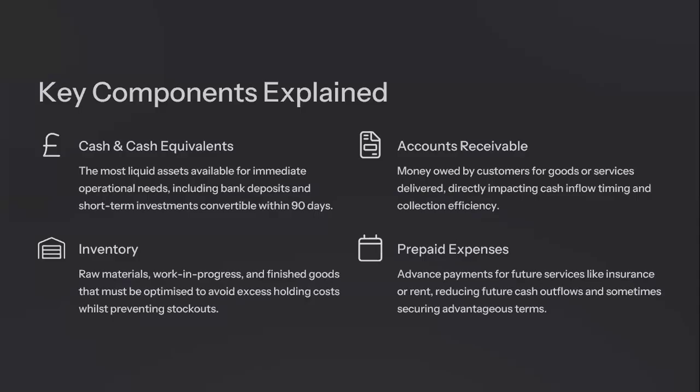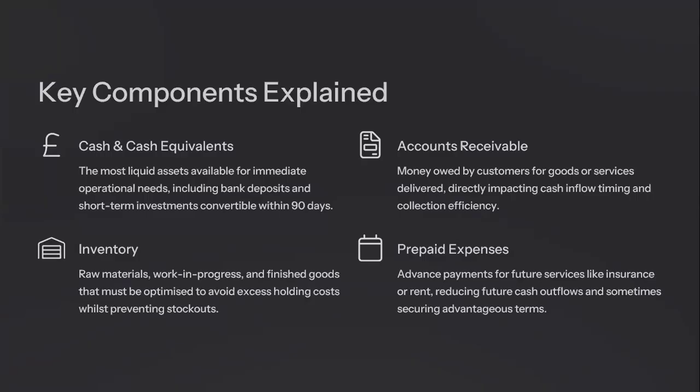Inventory is the material which we are holding. This we can sell in the short term and earn profits. It contains raw material, work in progress, and finished goods, which can be easily converted into cash. Then we have accounts receivable. This can be notes receivable or debtors who have taken the service or goods on credit basis from us.